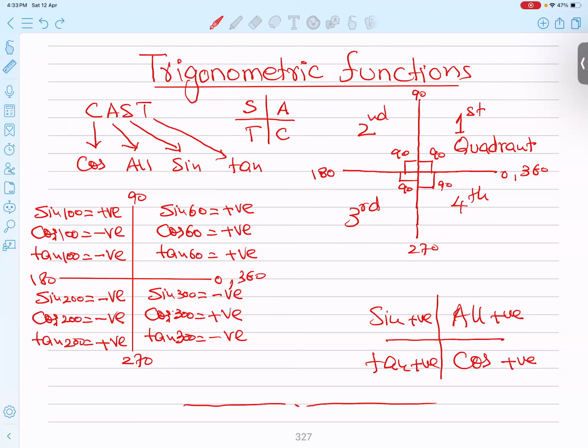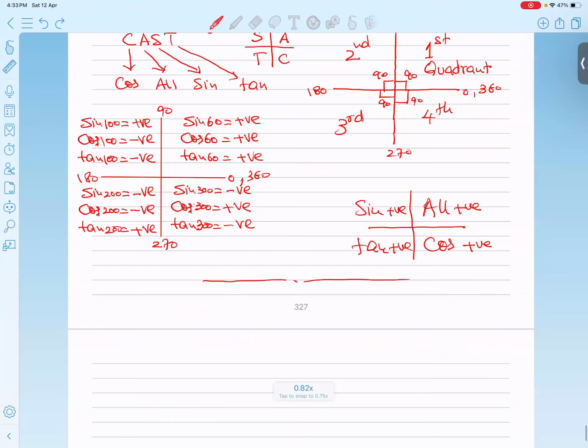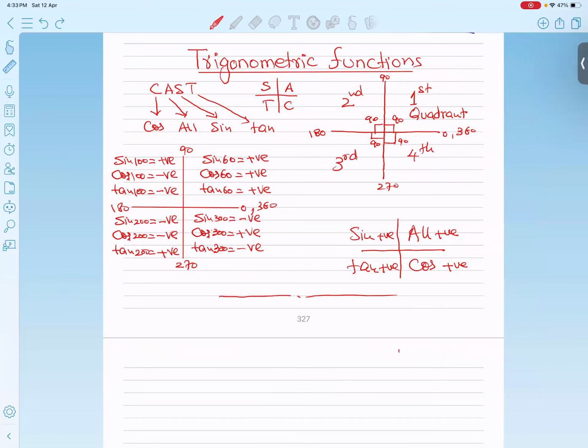Now, students, this part is very clear. Now I'm asking a few questions. For example, what is sine 100, sine 120? You will answer only positive or negative. You will not give me angles.